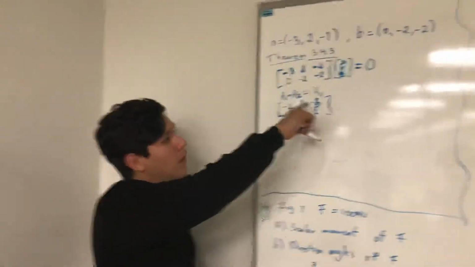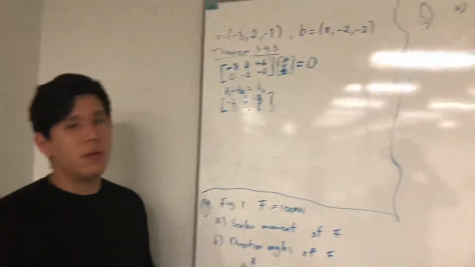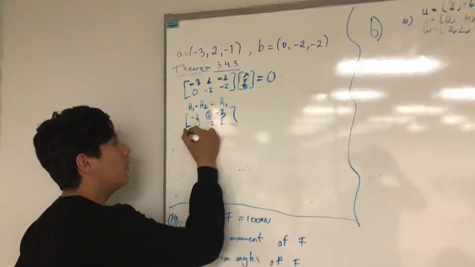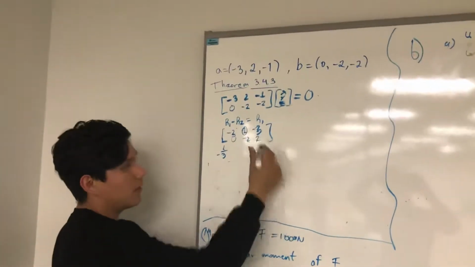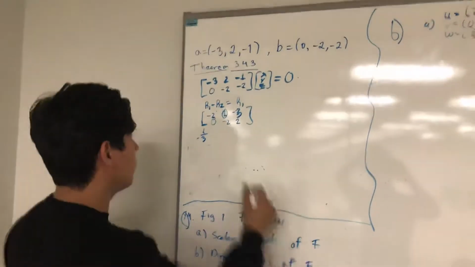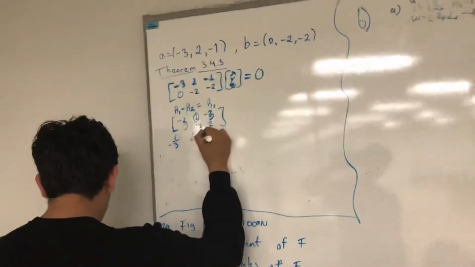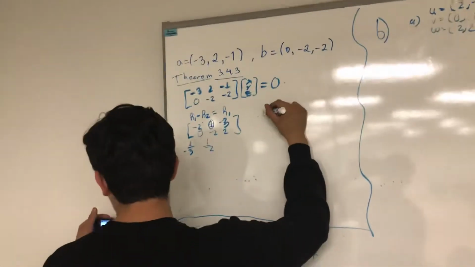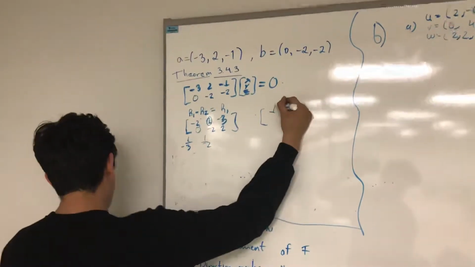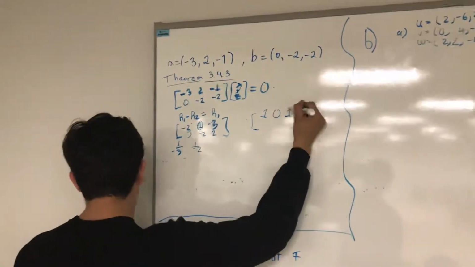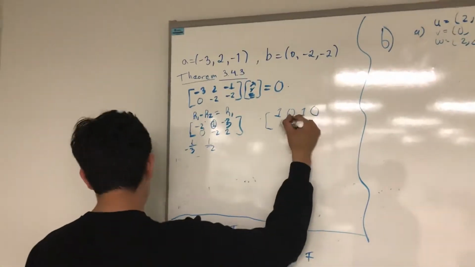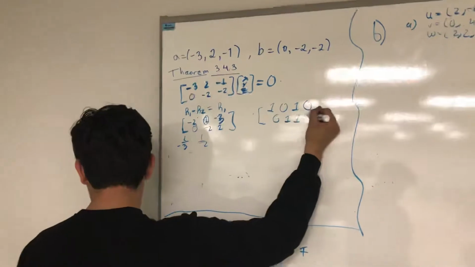So our first row has to be divided by -3, and the second row has to be divided by -2. By doing this, we will know that our matrix is 1, 0, 1, 0, 0, 1, 1, 0.